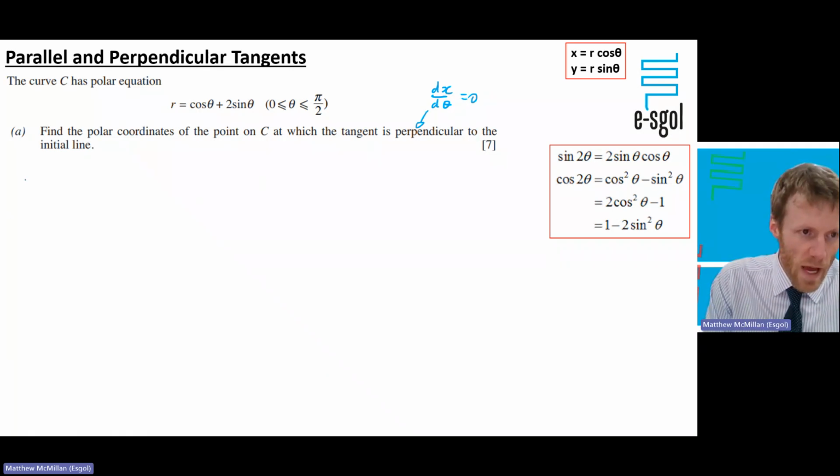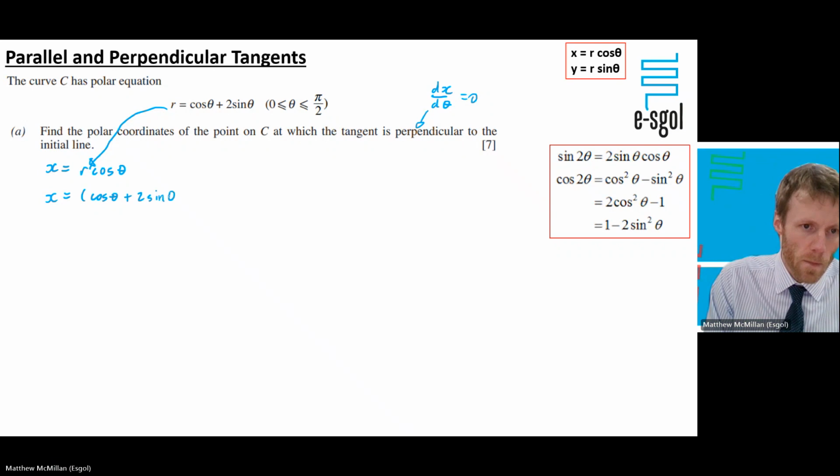So we're dealing with x equals r cos theta, and r, well, we're taking that from up here, so x equals cos theta plus 2 sine theta times cos theta. I think there's a few ways you can go about solving this now. You could, well, let's multiply this out.